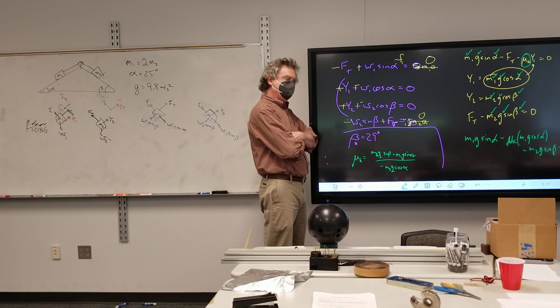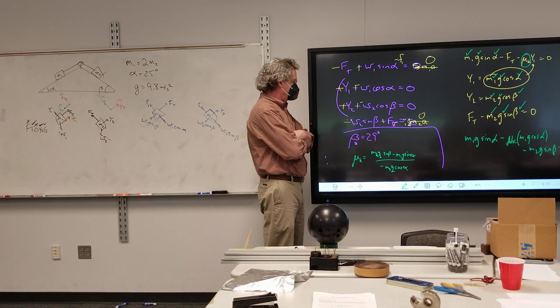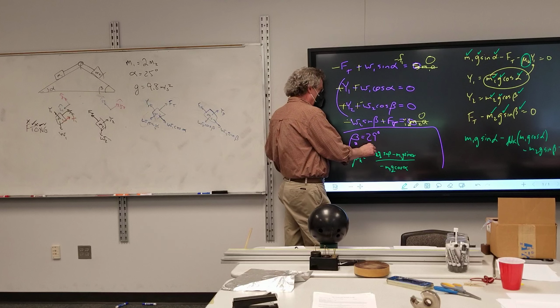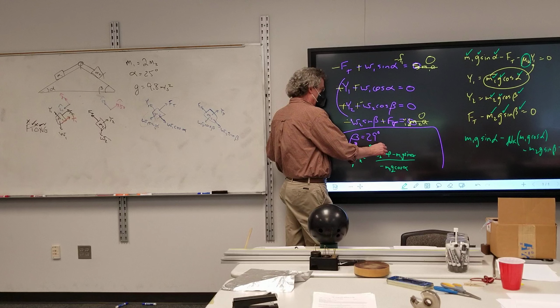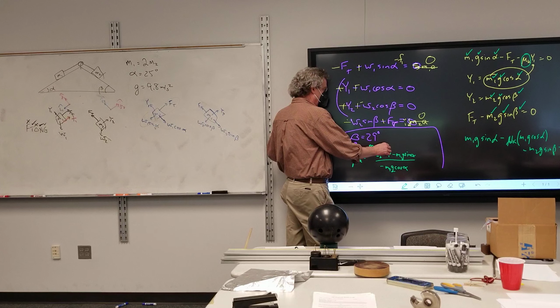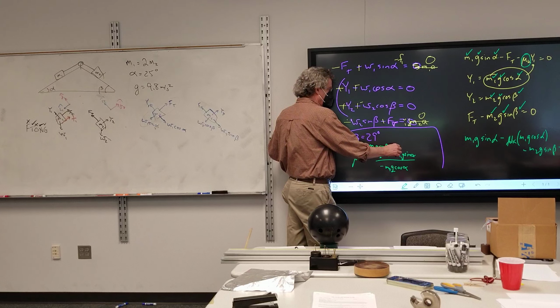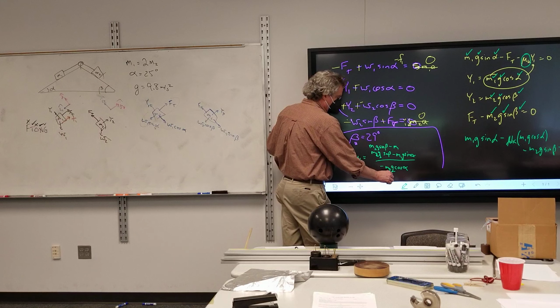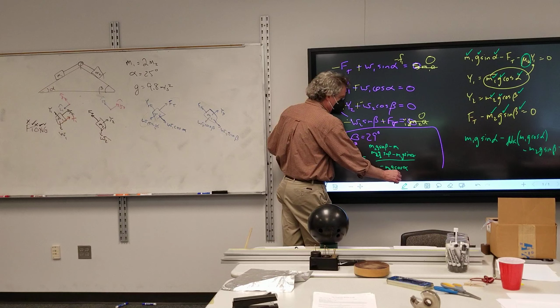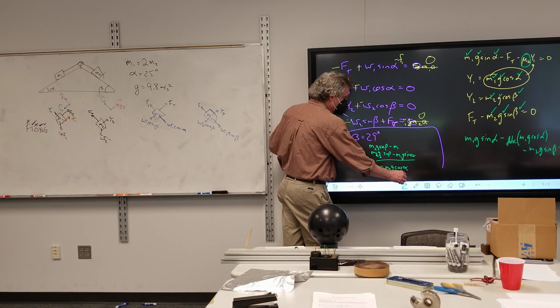Can't believe you can't read my handwriting. You are a doctor. And what does the bottom say, a negative M1? Negative M1G cosine alpha.